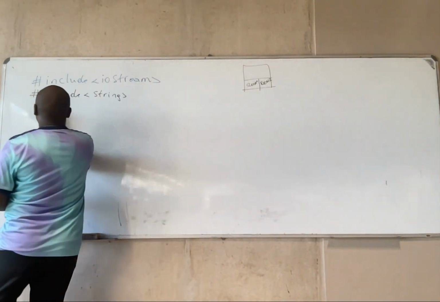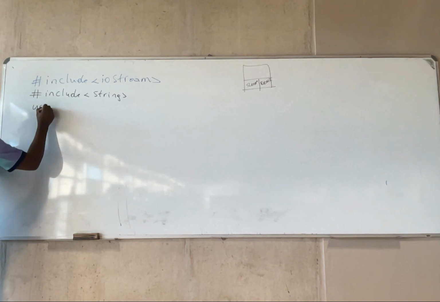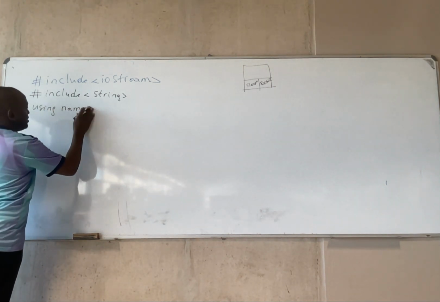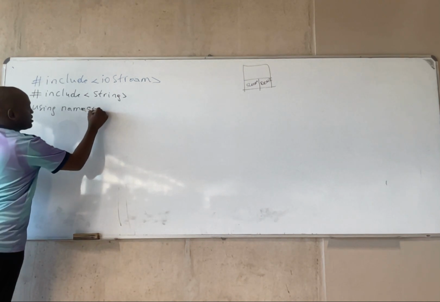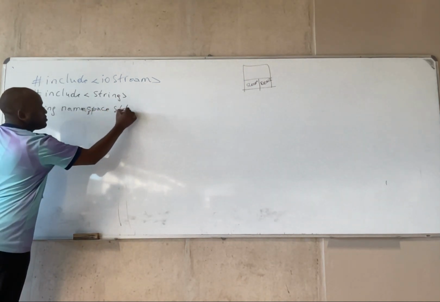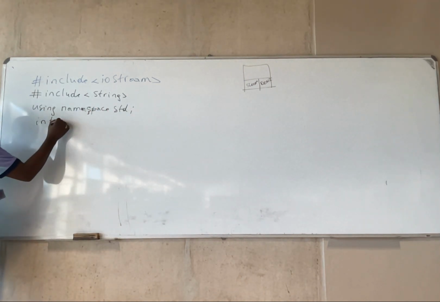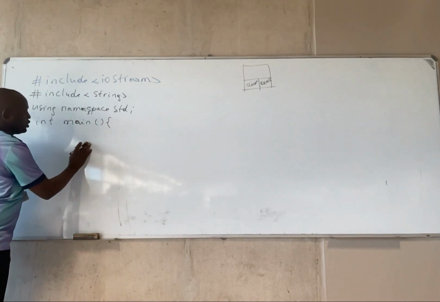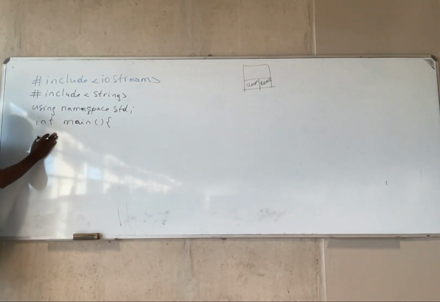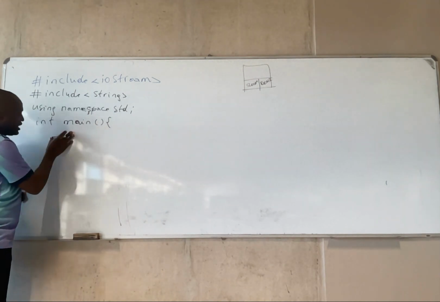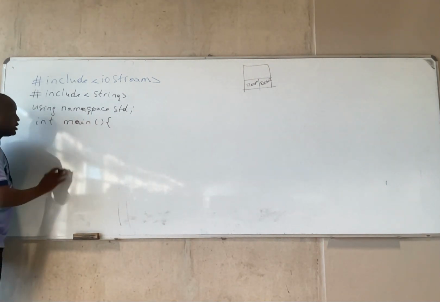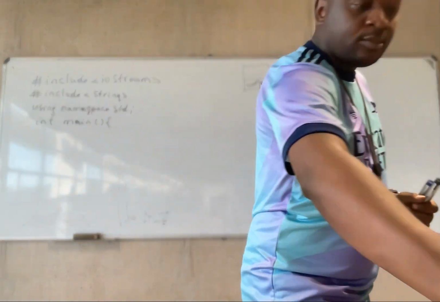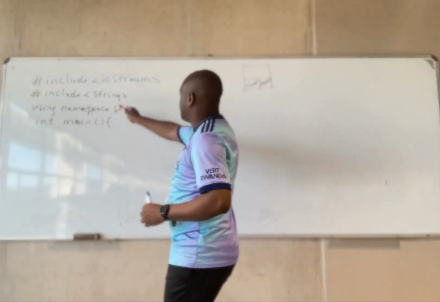Now, in our main function, let's put namespace std, and then we go into our main function. At the beginning, as I said, you start by doing all the declarations before you go to your commands.